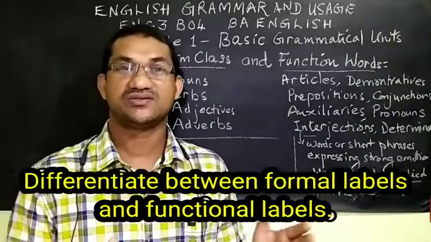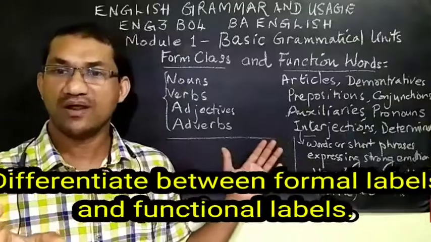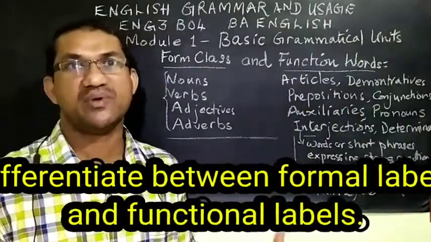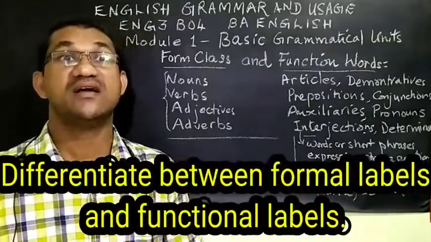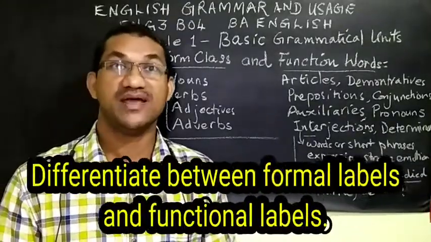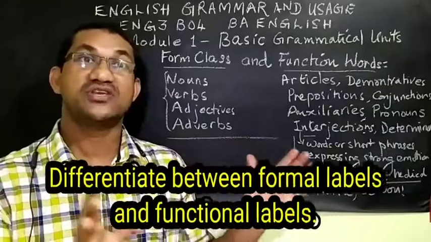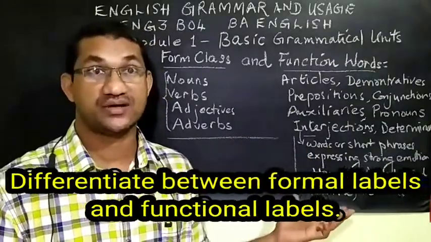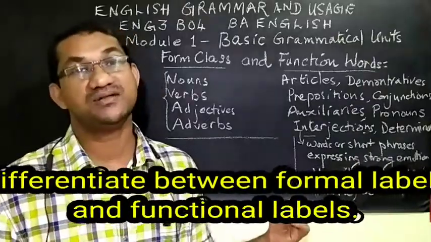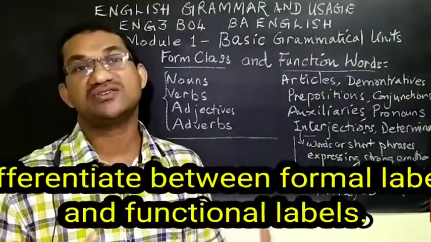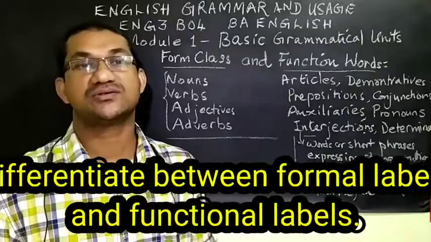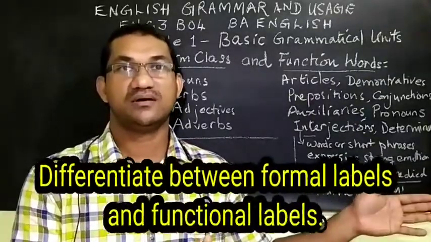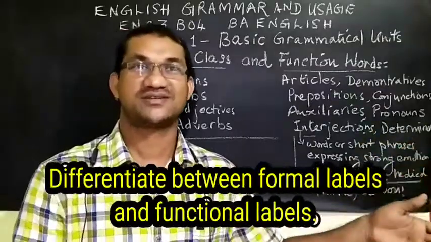So formal labels are labels given to vocabulary items on the basis of their appearance. And functional labels are based on the function the vocabulary items discharge, like subject, object, verb, complement, etc.